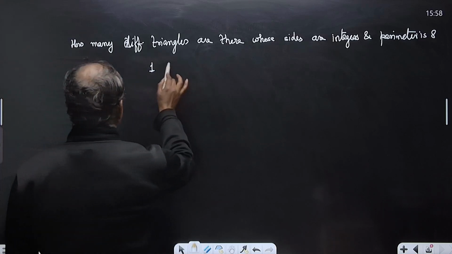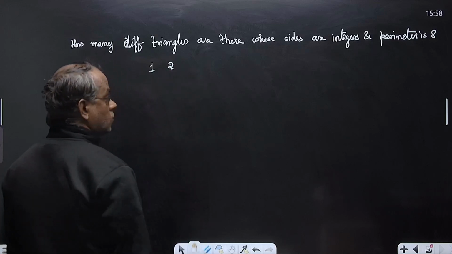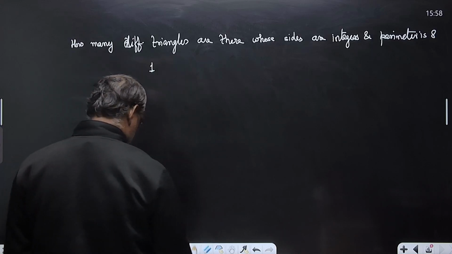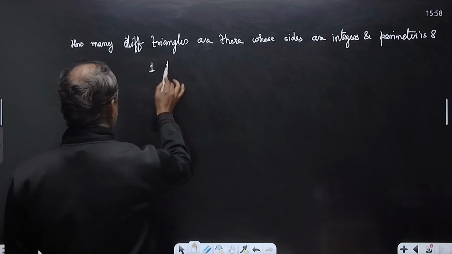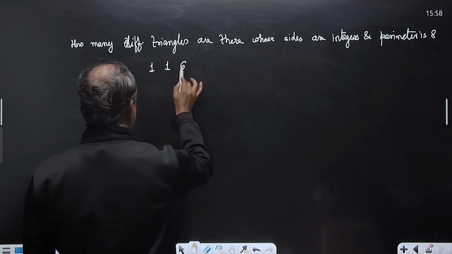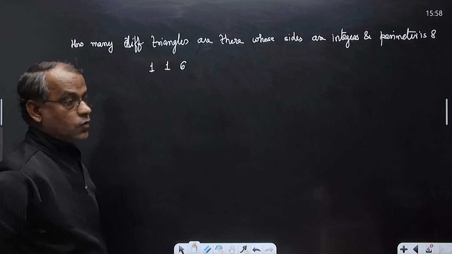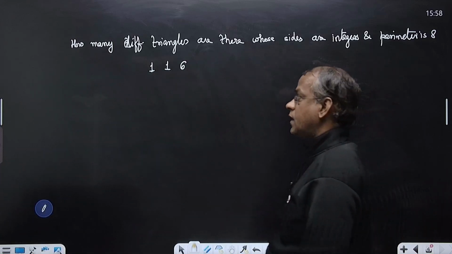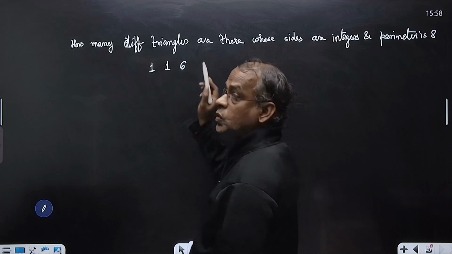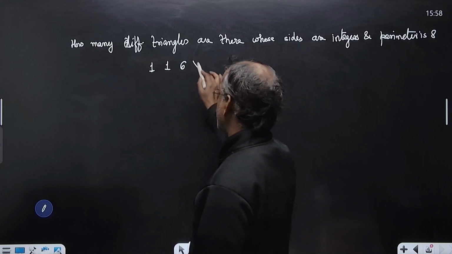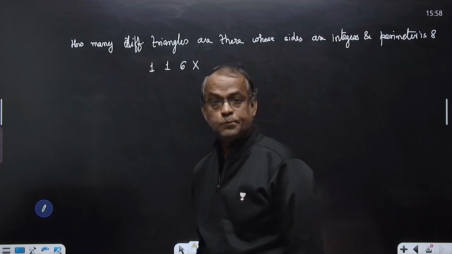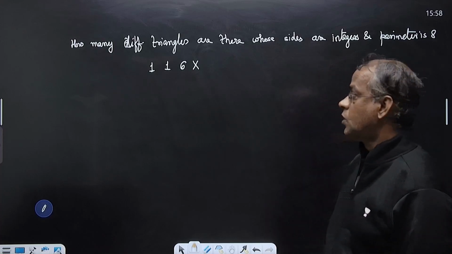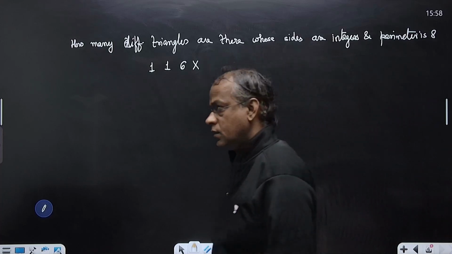Let us start with 1, 1. What can the third side be? 6. So is it forming a triangle? Sum of any two sides must be greater than the third side. So 1 plus 1 is 2. It is not forming a triangle.